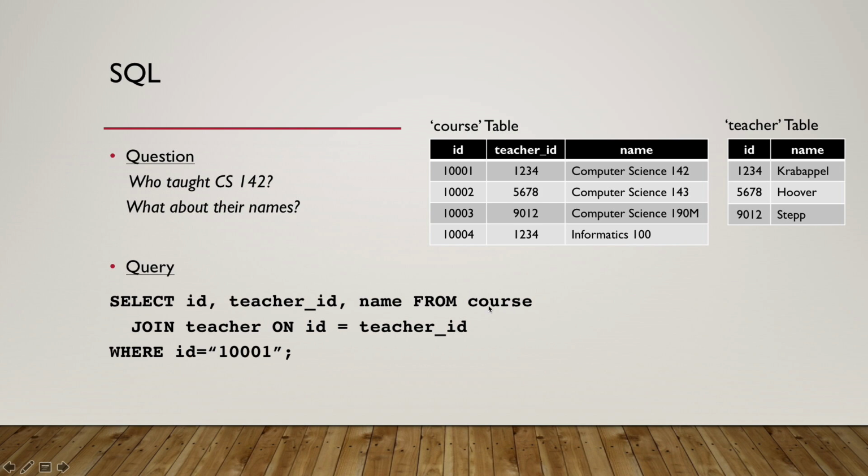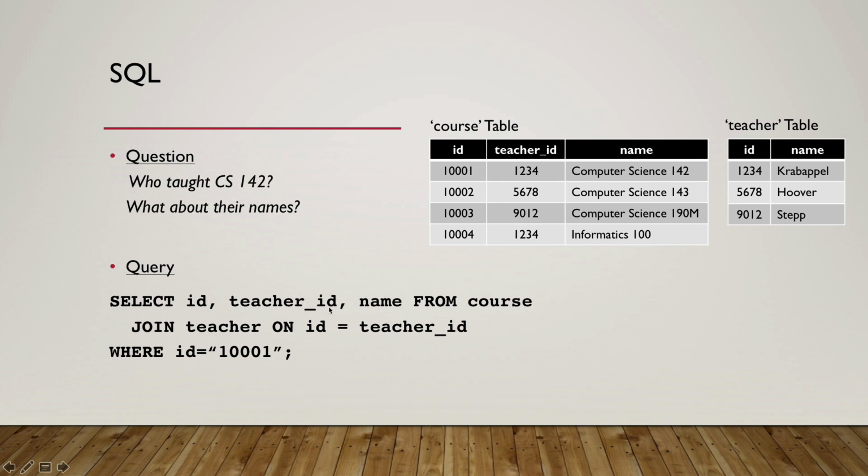So in order to do this correctly, I actually need to create a whole new table, and so I'm going to take course and I'm going to join it with teacher. So we have this new word here, join, and then the other keyword, on. We're going to join course and teacher on ID equals teacher underscore ID. And so this would allow us to join these two together.